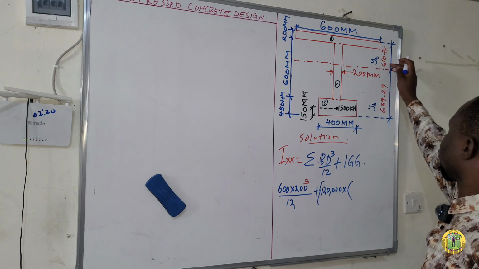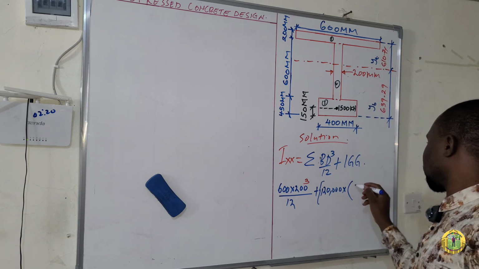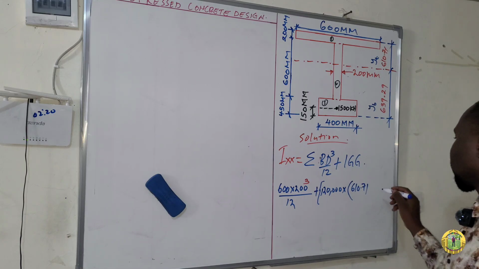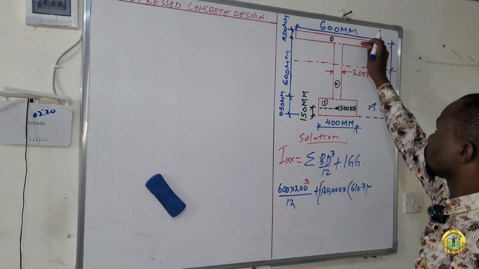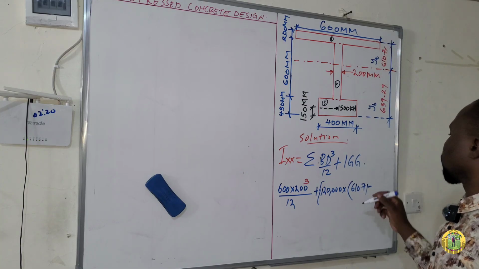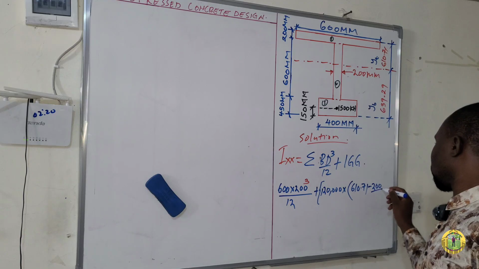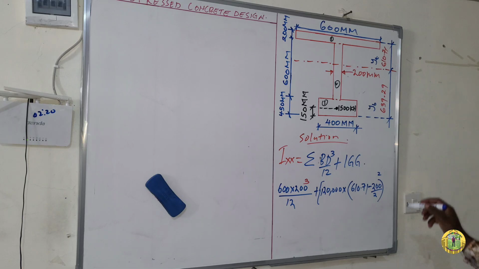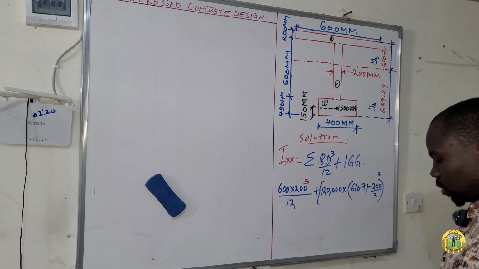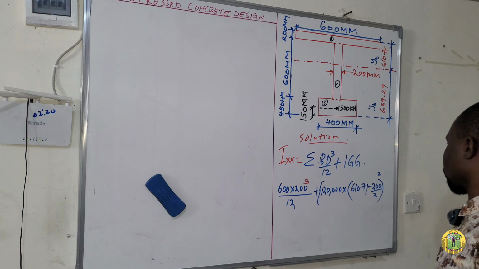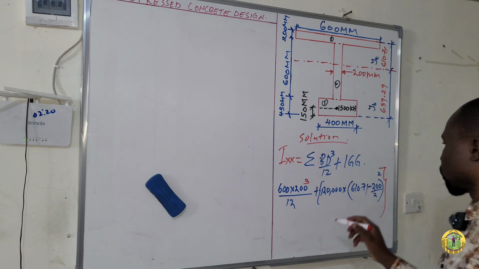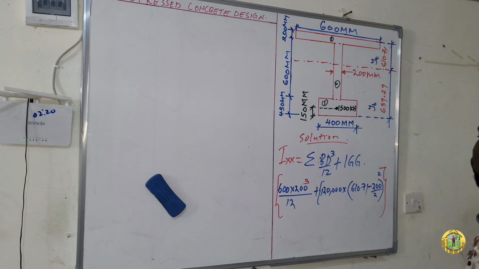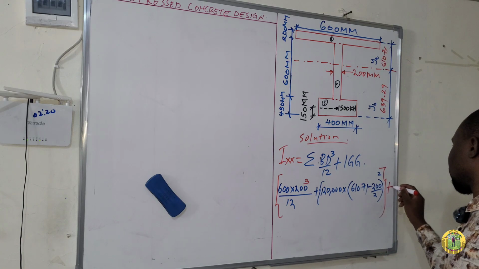You will take the y top, which is 610.71 minus a half of this width, which is 200 all over 2, squared. So we are done with the first figure, and then plus.